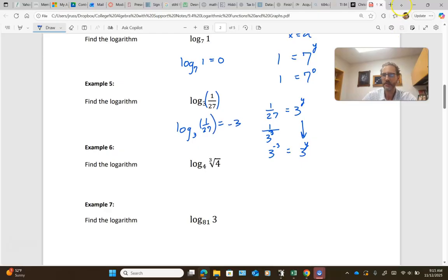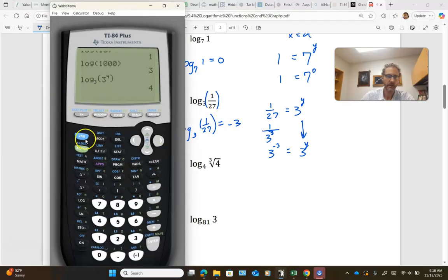And by the way, guys, anytime you're trying to find the logarithm of a fraction, you're always going to get a negative number. Because you're figuring out this base right here to what power will give me this fraction. Well, this fraction is always going to be less than 1. The only way that can happen is if that exponent is negative. Alright, but you can check this in the calculator as well.